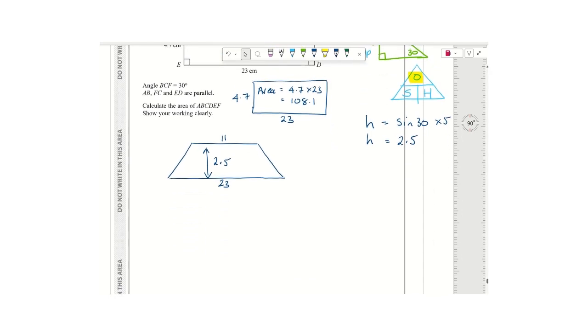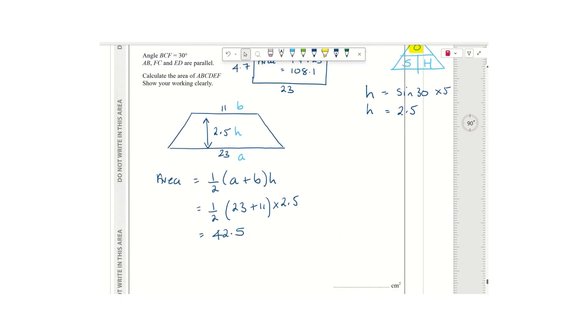So the formula for the area of a trapezium they give you is a half A plus B H, where A and B are your 2 parallel sides and H is your height. So we can literally plug those numbers in. It's a half 23 plus 11 times 2.5. And if you plug that into your calculator just as it is, then you will get an answer of 42.5.